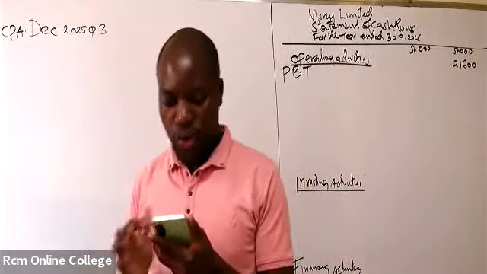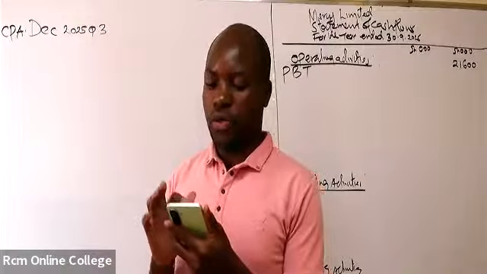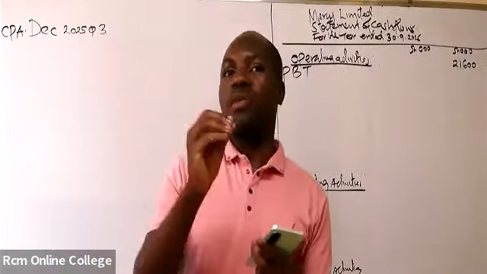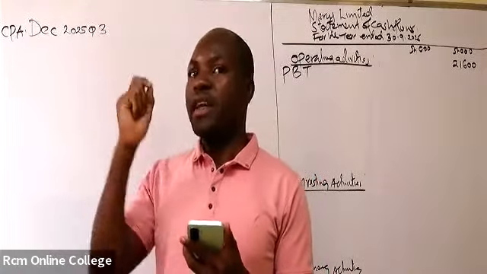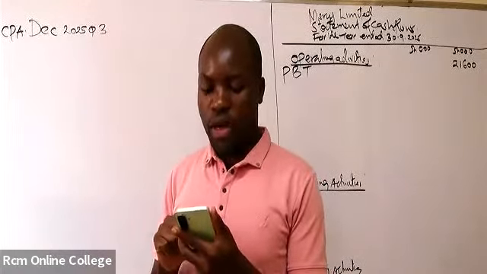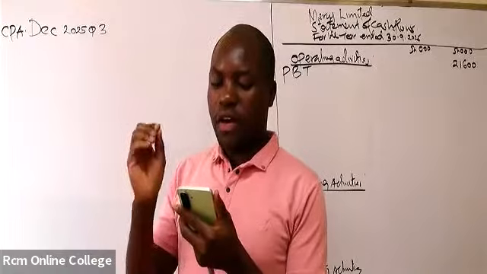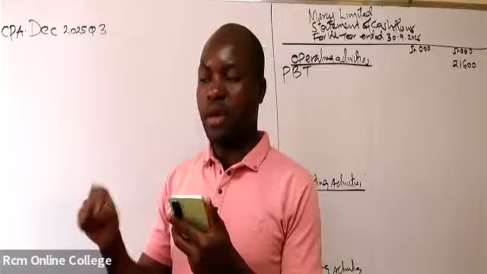Then down we go to additional information. Why am I going to additional information? There are some things that you'll be copying and pasting from the additional information. Like number one, we are being told that the revaluation reserve relates to freehold land and building.